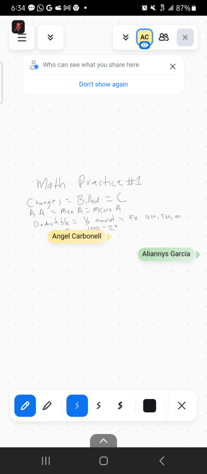So you pay $200 of a deductible that was $1,000. So now you have $800 of deductible left over. That could also happen. For deductible, we're gonna use the letter D. D for deductible.